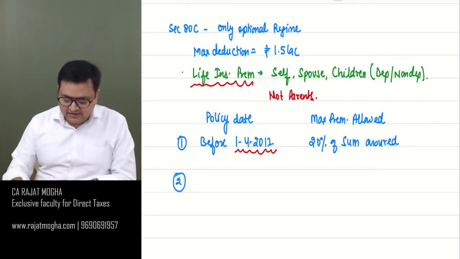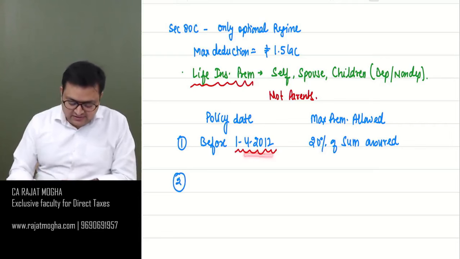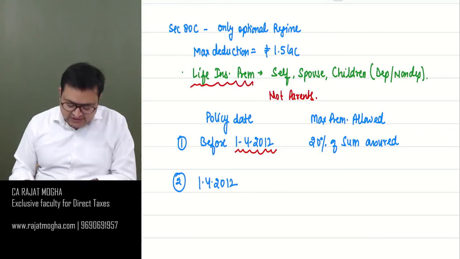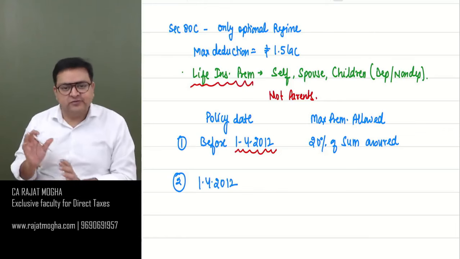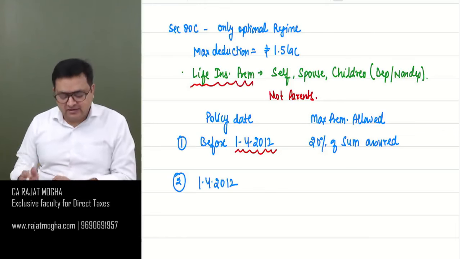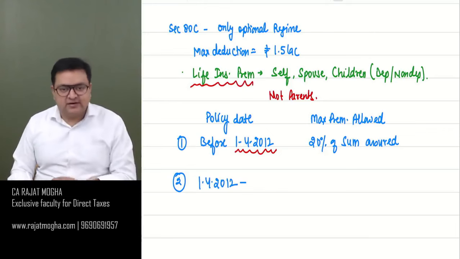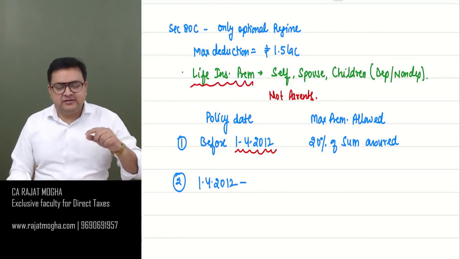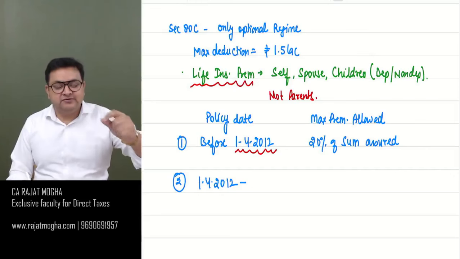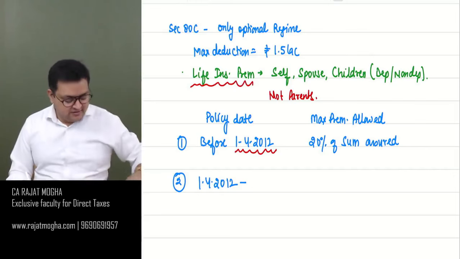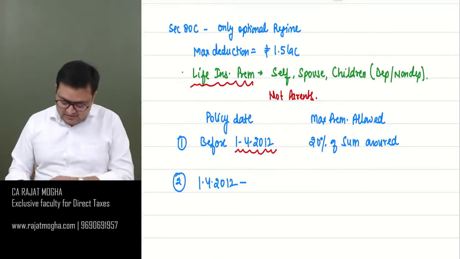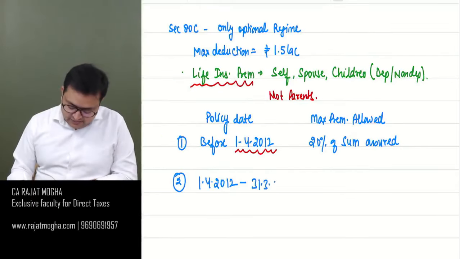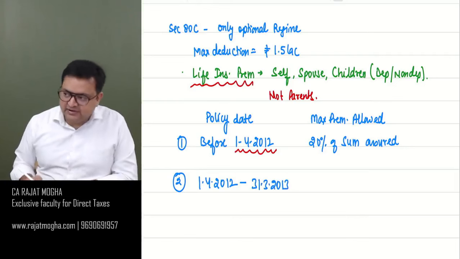After this date, they changed it. They changed it from 1/4/2012. And for the next 1 year, they have made a little mistake. But for the next 1 year, now please don't remember all the dates. Please remember my these words: for the next 1 year. 1 year will automatically end on this date, right?